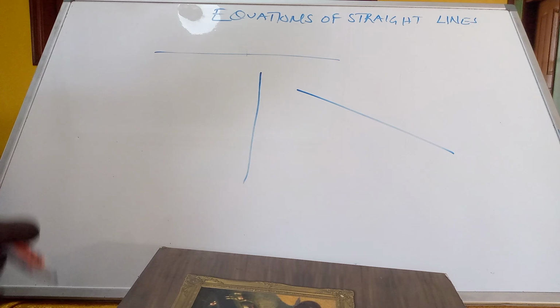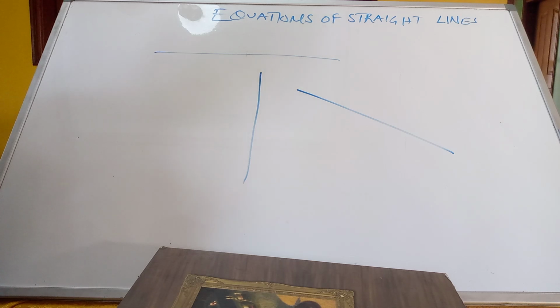Then another thing we are going to look at, what could be the types of straight lines? There are very many types of straight lines, but we are going to concentrate on only two: the parallel lines and the perpendicular lines. What are parallel lines and what are perpendicular lines?